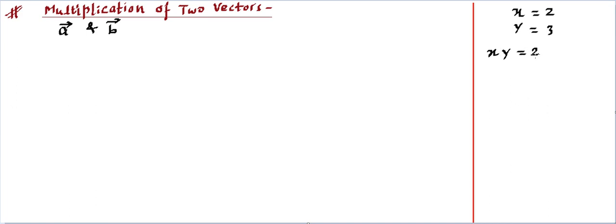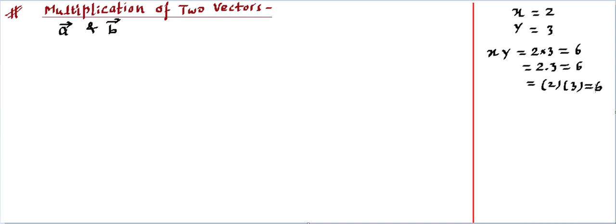Now we can also write this x into y as 2 into 3 in this manner. Sometimes we also write it as 2 into 3, and sometimes we simply write 2 into 3. We know all these are going to deliver the same number: 6.